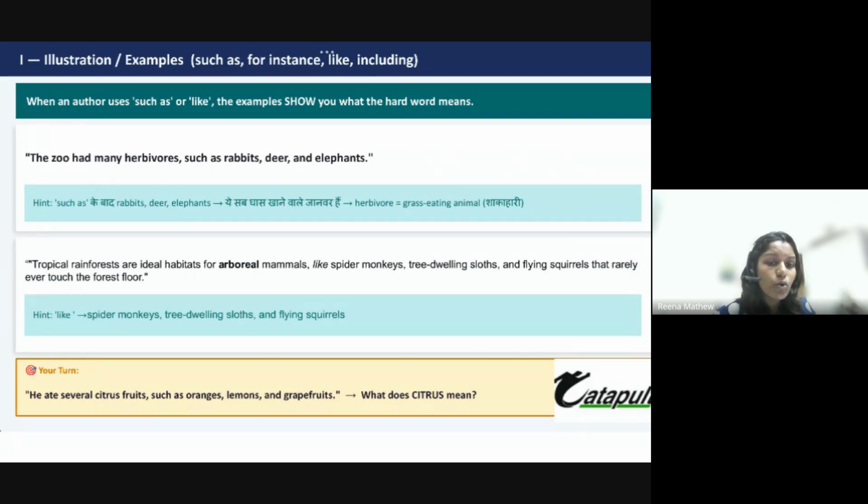This word in bold, you can't understand the meaning, right? So what will you do? I have the translation for this. Okay, so tropical forest.